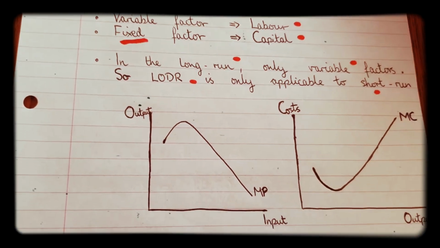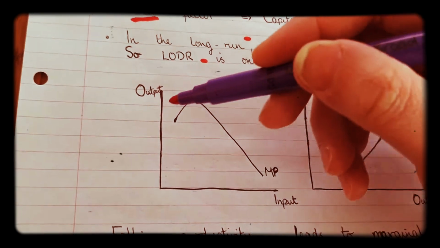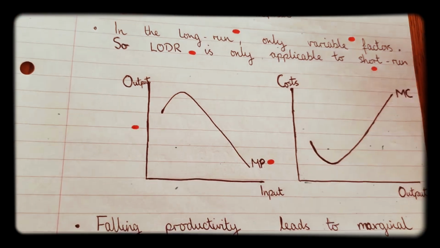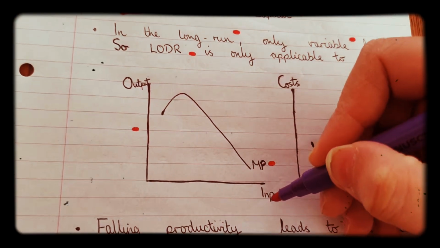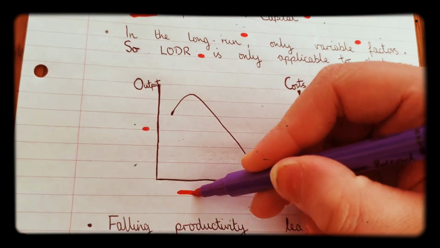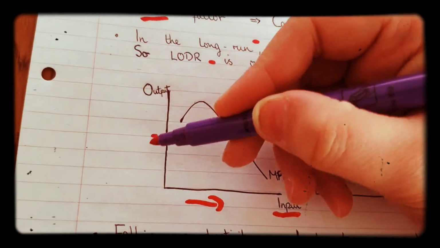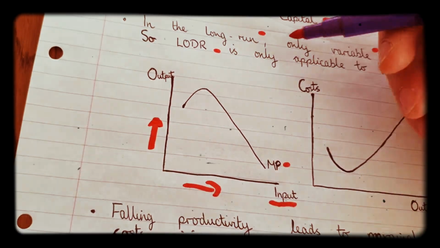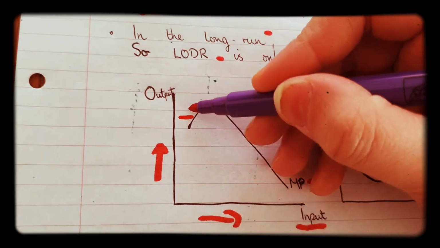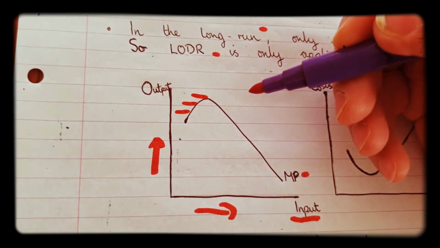So the law of diminishing returns, we can apply it to this diagram here. This is the marginal product curve. Basically, if we're adding more inputs, the more inputs we add, what happens to the additional output that we're going to get? Initially, the more inputs we add, the level of extra output goes up.